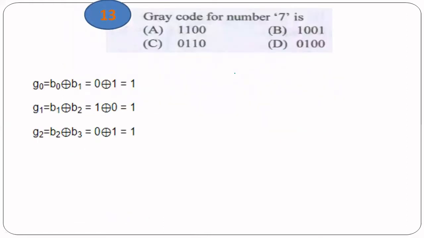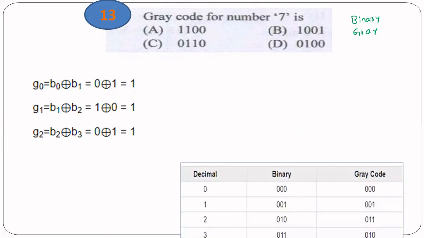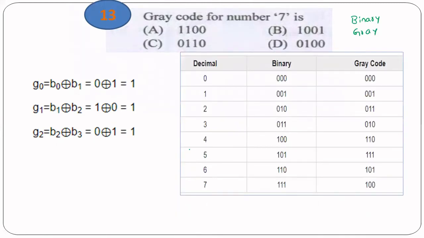What is the gray code for the number 7? There is something called binary code and gray code. For number 7 we have to calculate the gray code. This is a number table which is very easy to remember, which gives an idea of a decimal number, the equivalent binary number, and gray code.